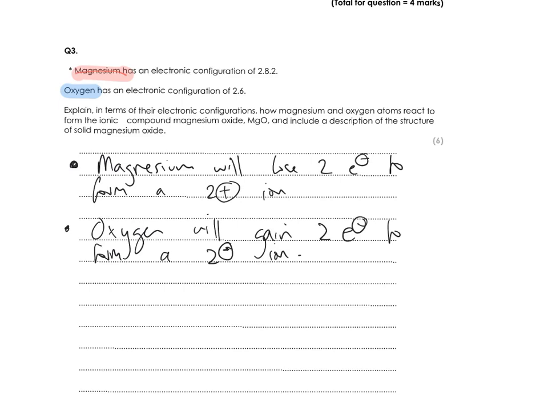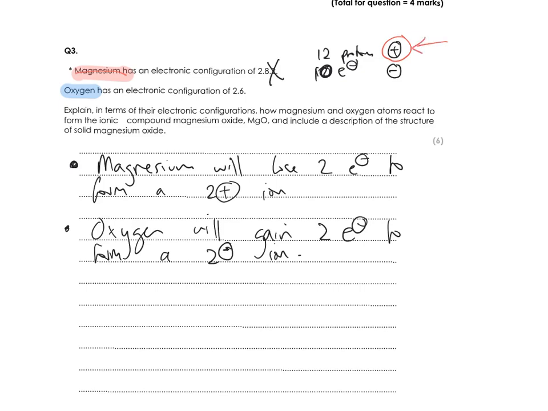The losing of electrons forms positive ions, because magnesium will have, to begin with, 12 protons and 12 electrons, and if it's losing these 2 electrons, then that will turn into 10 electrons. Protons are positive, electrons are negative. If you've got more positive protons than negative electrons, it's going to be positive overall.